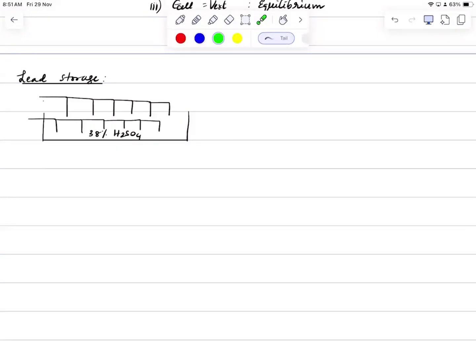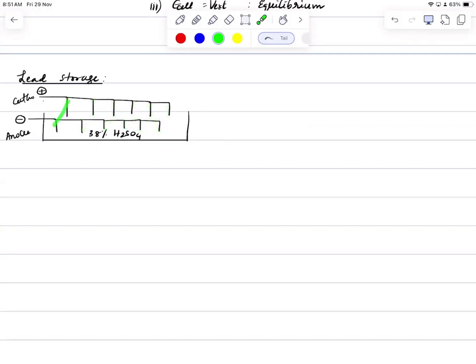And each cell, if this is the positive part and this is the negative part here, let's say this is the anode part and this is cathode. So it is a cell connected in series. So you can see this is one cell, this is one cell, this is one cell, like this.